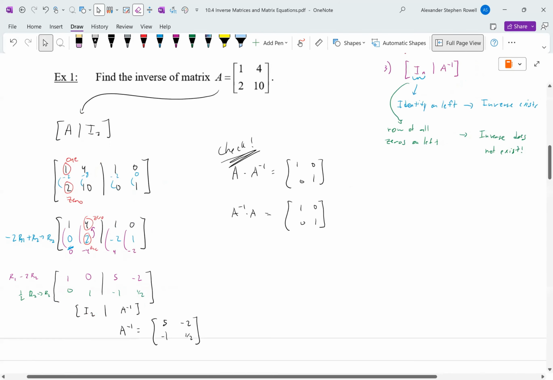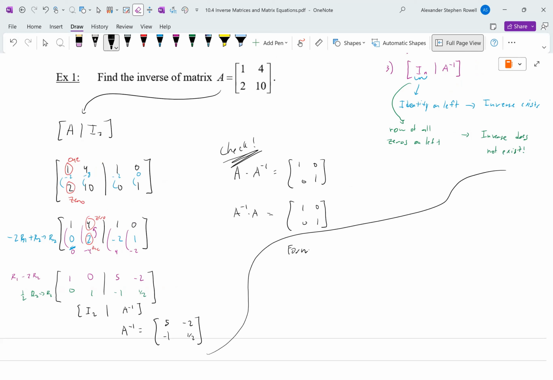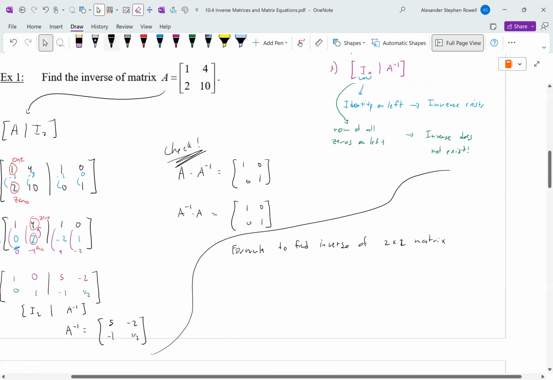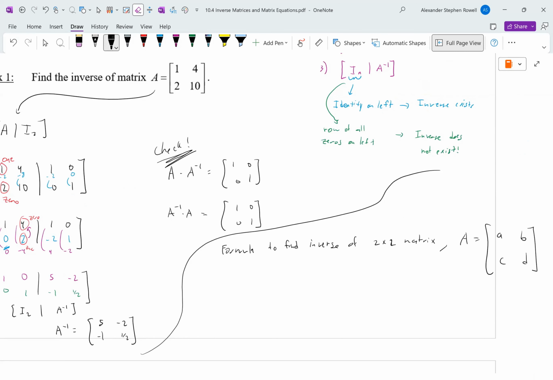Okay, so this only works for 2 by 2 matrices. What's the formula to find the inverse of a 2 by 2 matrix? Okay, we go through the same process. Let's say matrix A is equal to A, B, C, D. So we have those 4 locations.